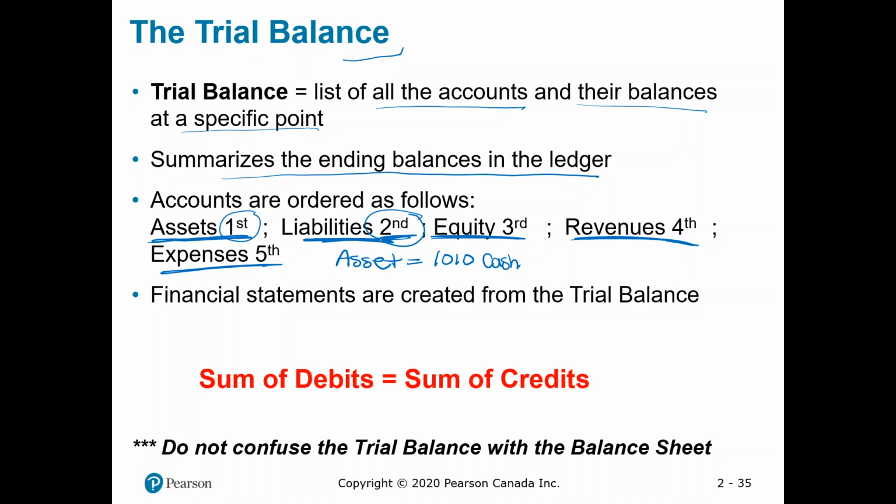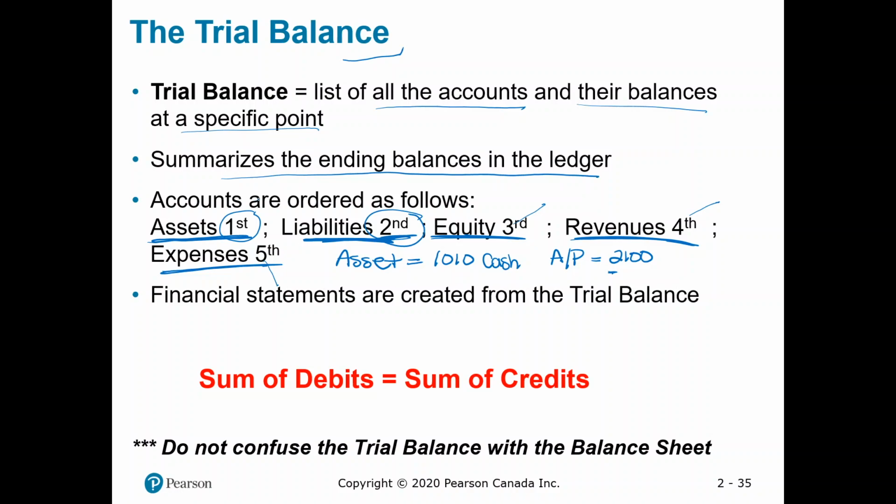Liabilities, since they go second, they would get a 2000. So for example, if we've got accounts payable, it could be account number 2100. So liabilities get those 2000s. Equity would be a 3000 number, revenues 4000, expenses 5000. Again, we won't really use those.